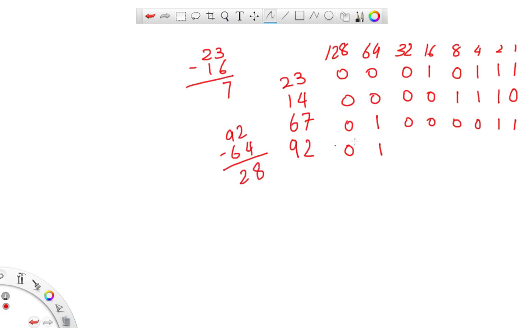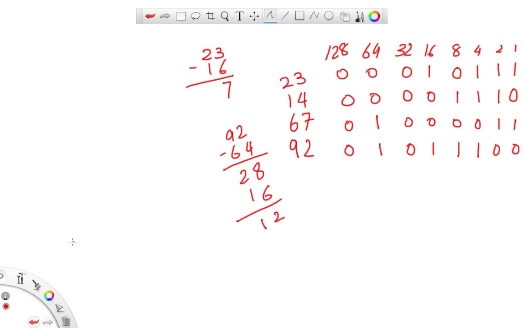So you're having 28. So 1 of 16. And you have a 12. So 8, 9, 10. So you have an 8. And then 9, 10, 11, 12. You can have a 4. And all the rest zeros. All right? So this is your binary representation.